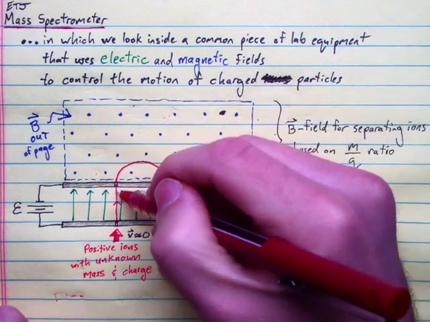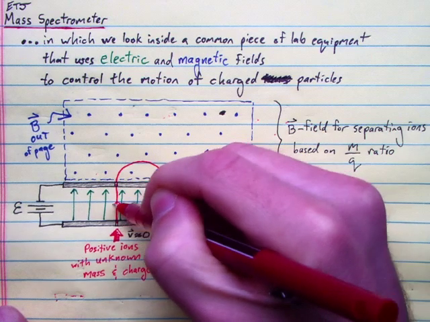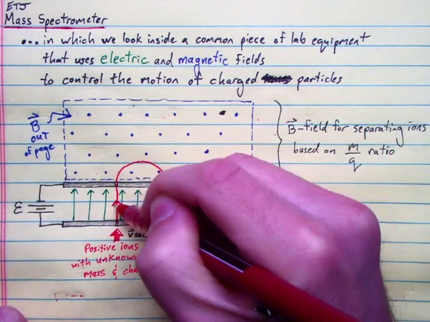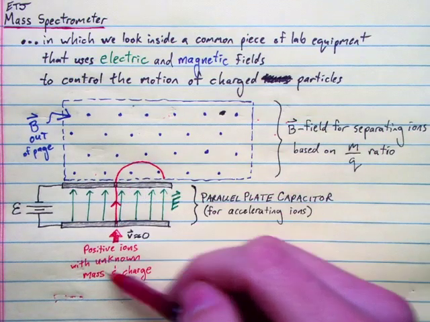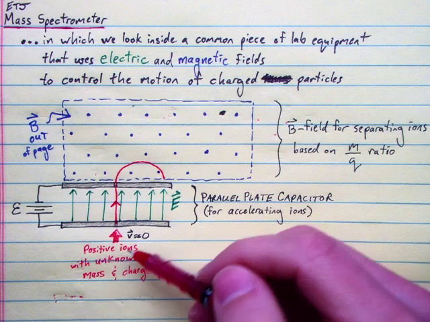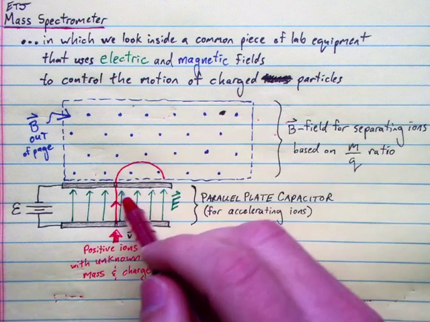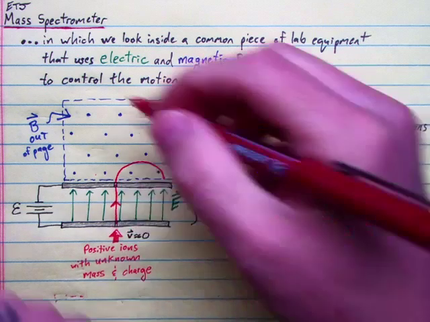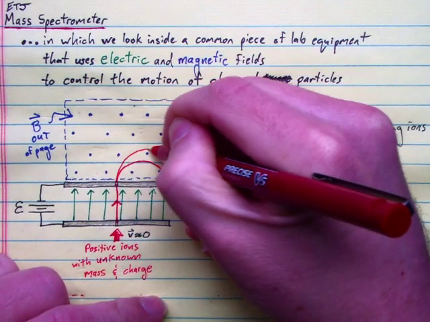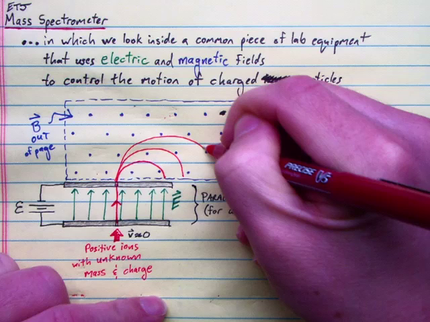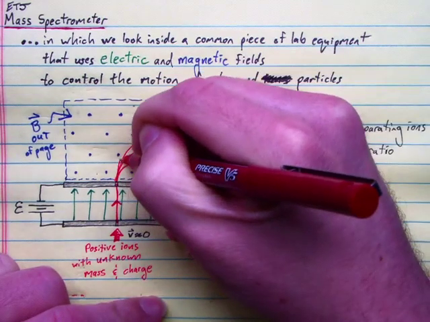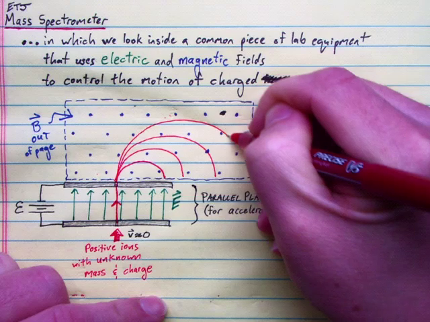So particles coming through this region with different masses, so different charges, exiting the plates with different momenta, will follow circular paths with different radii of curvature.